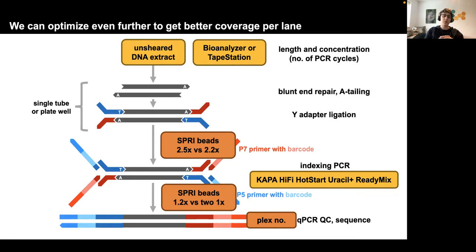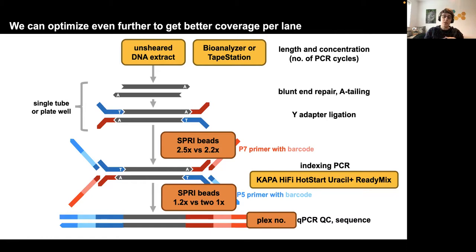So we decided to try out using 2.5x spry beads post-ligation and 1.2x spry beads post-indexing versus 2.2x and 2 rounds of 1x, which should get rid of the really short molecules and more adapter dimers.